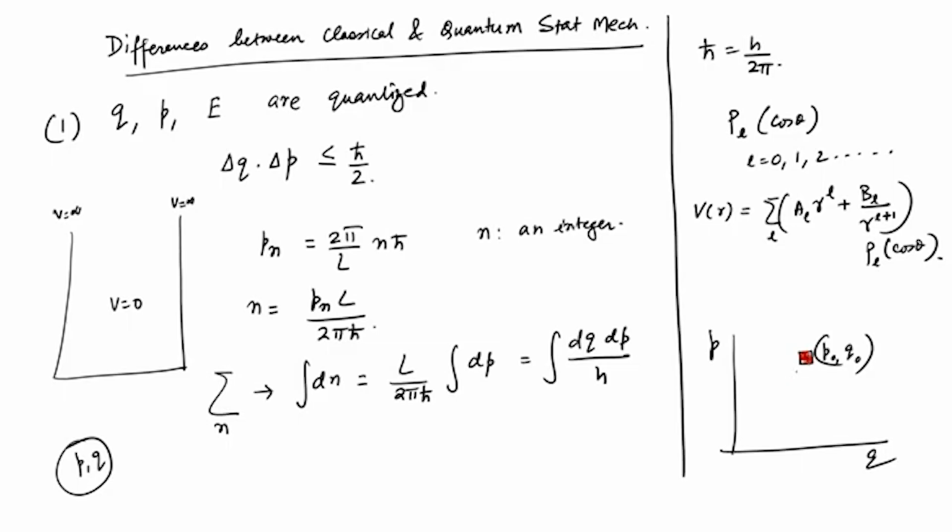So, that is how the correspondence between classical mechanics and quantum mechanics is established, that a point now becomes fuzzy and acquires a certain region of space with an area equal to h or h cross.